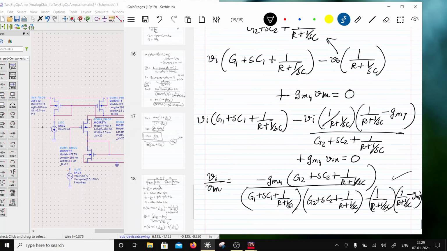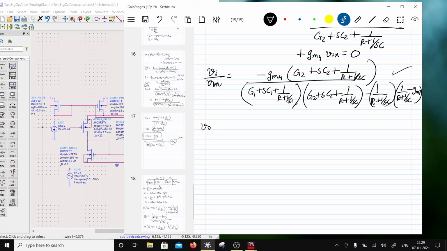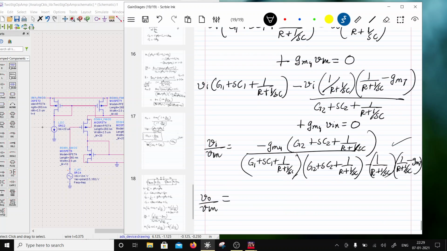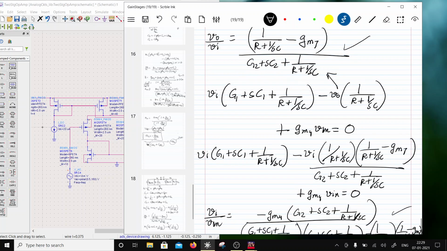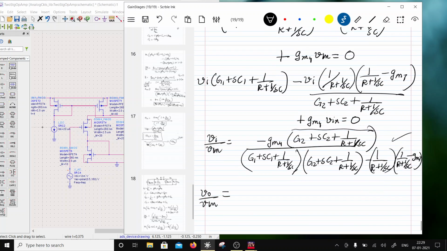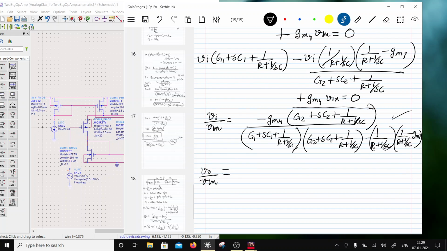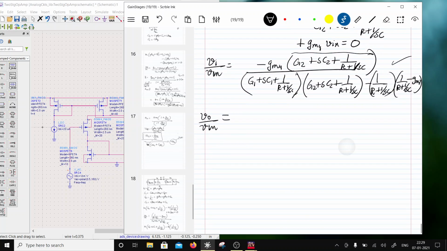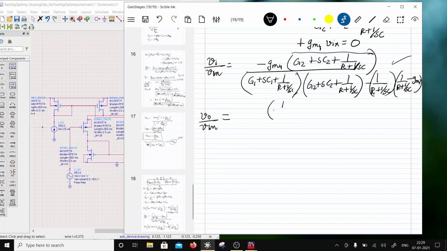So VO by V in will be the multiplication of two terms. In the denominator you have this, and in the numerator also you have this, right? Is it G2 plus SC2, right? So that thing would cancel out, isn't it? So you will have just that. What you will have is minus GM4 times 1 over R plus 1 over SC minus GM7, right?